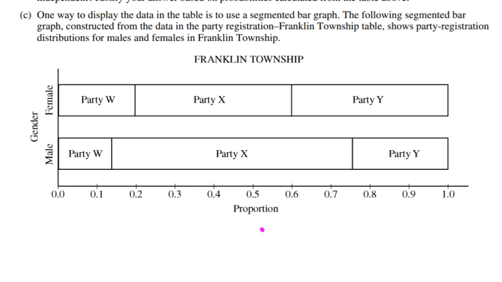So clearly you can see here, for example, we look at males, we can tell that most of them are in party X, and females seem to like party X and party Y equally, and then party W is sort of their least favorite. Okay, so this is just called a segmented bar graph, and we can see what it's telling us.